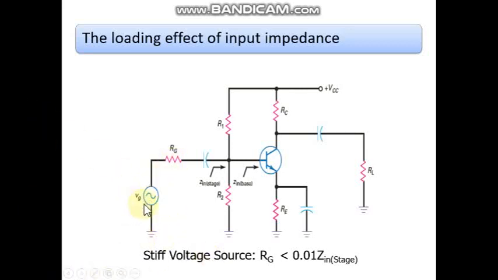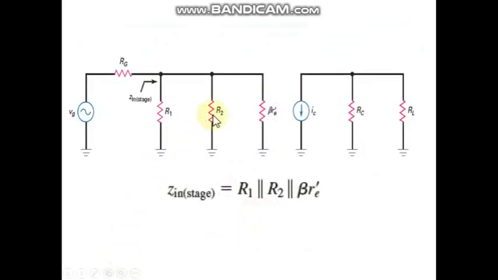Here the voltage source is represented with the input impedance Rg, and then the rest of the figure, the VDB amplifier, you know. This is called Z in base. The input impedance you can see at the base terminal, looking from here, is nothing but beta RE dash, which we can see in the equivalent circuit.